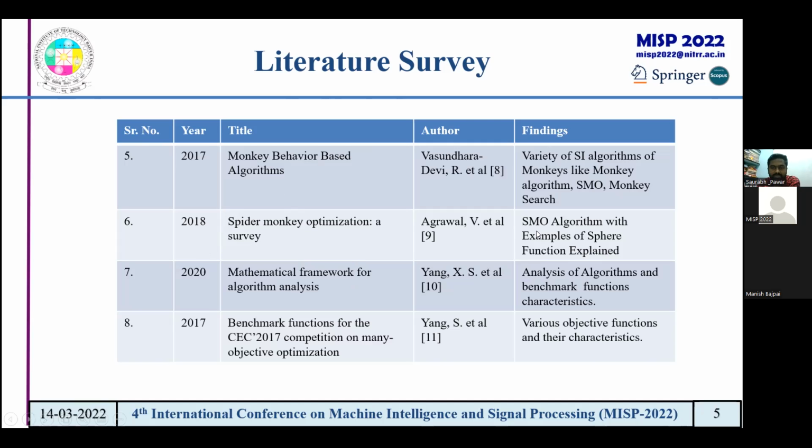SMO has various real-time applications, for example limb disease detection. Later, the benchmarking functions are taken from these papers.